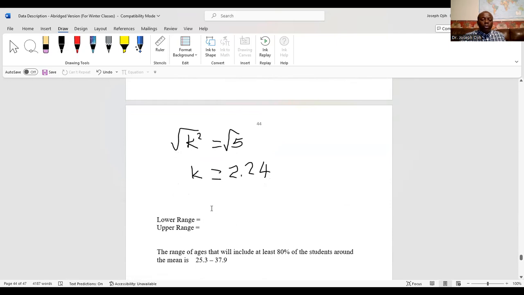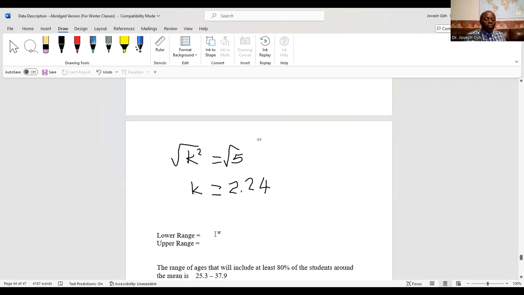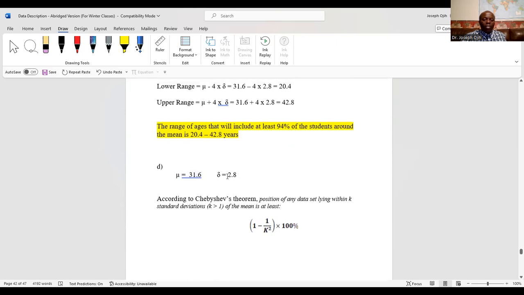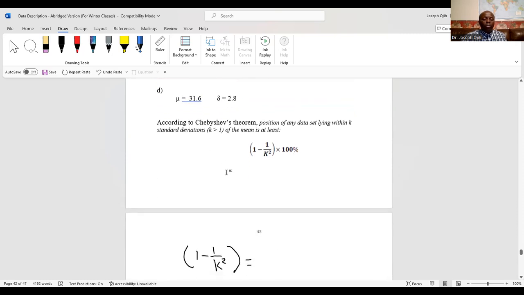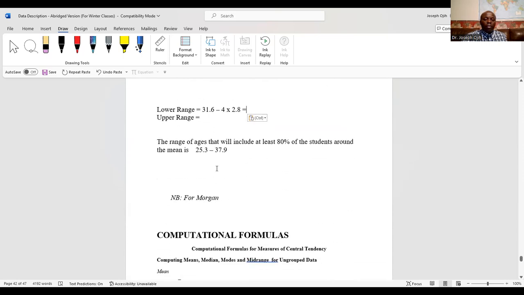That means our number of standard deviations is 2.24. So the lower range now becomes, if you remember, our mean is 31.6 and the standard deviation is 2.8. Sorry, my mistake, this was given, right? So we have k and the standard deviation of our mean.